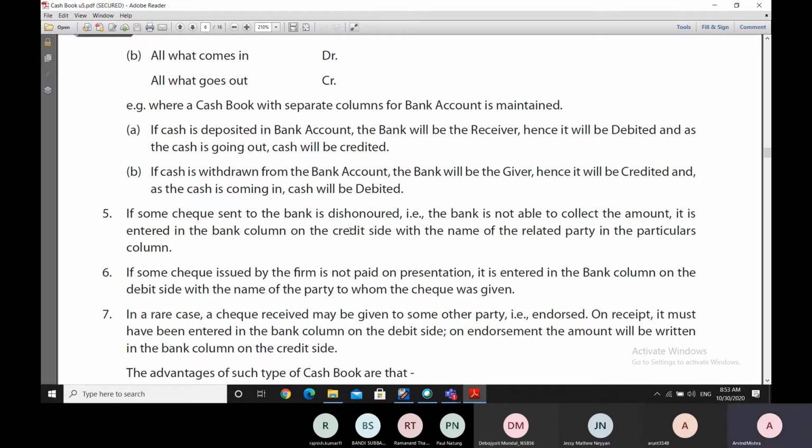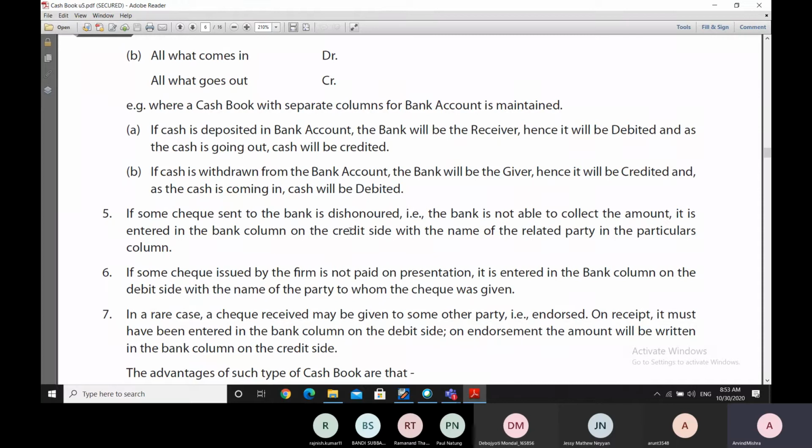This is an important thing to note. Now, when a check gets received by us from any customer and we send it to the bank straight away, we have already seen that we make a contra entry.